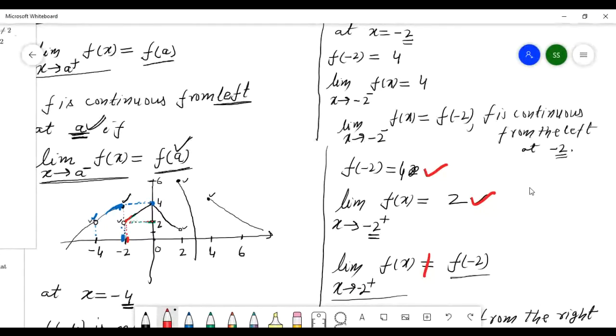At this, see f of -2, just f of -2. Here above -2, here is f of -2, here it is open, no point. Open means no point, and the dark one means there is a point, just f of -2, and that point is this 4. See this. Do you understand now?